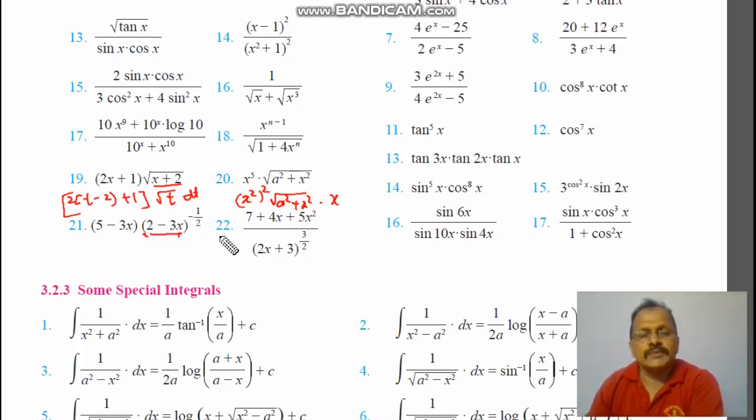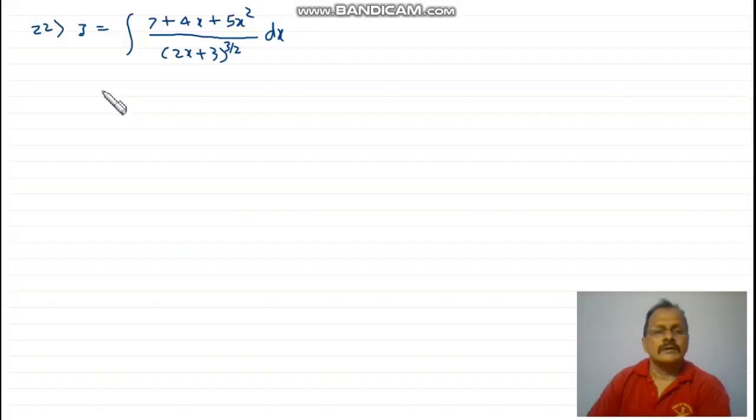In 22nd problem also, put 2x plus 3 is equal to t. Let us solve this 22nd problem. I equal to 7 plus 4x plus 5x square upon 2x plus 3 bracket raised to 3 by 2. Let this problematic term 2x plus 3 is equal to t.